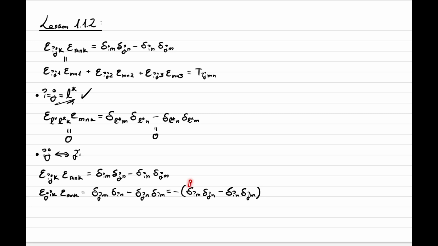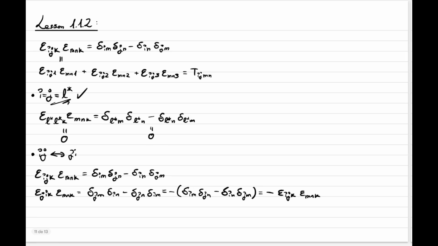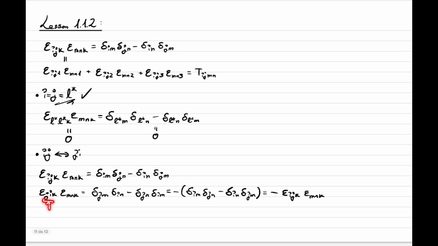And you can see that what we have here is exactly this thing, and this thing is this other one. So we are going to write minus aijk times amnk. So we have proof that if we interchange these indices, there is going to appear a minus sign.